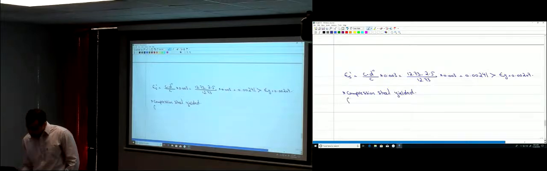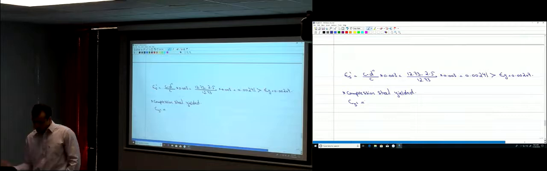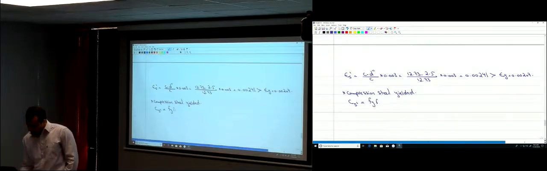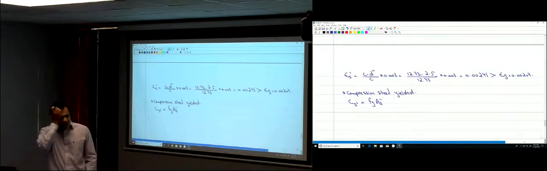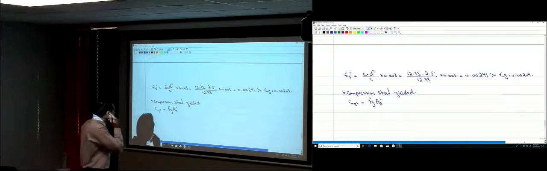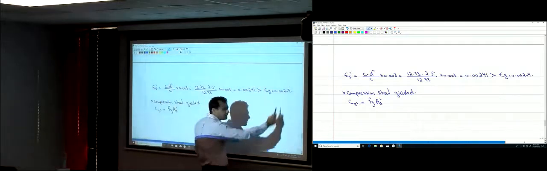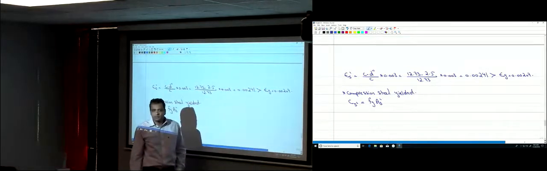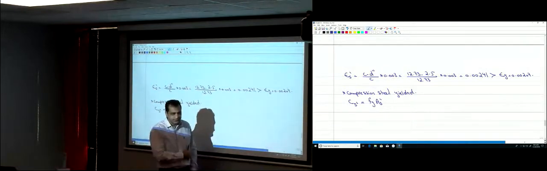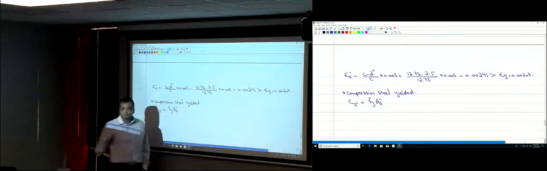So how much is the compression force in the compression steel? It's f_y times area of steel prime. Why f_y? Because I know the compression steel yielded. What if it didn't yield? What if this value was less than epsilon yield? You multiply the strain by the modulus of elasticity, you find the stress, and that's the stress that you put here.